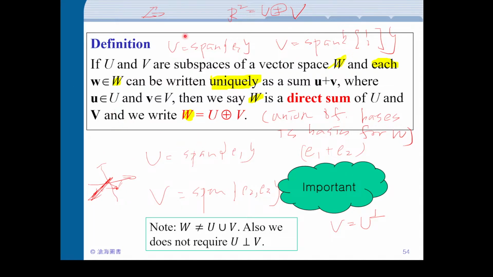But actually the definition is abstract. You see that this definition didn't say anything about Rn. We have two subspaces of an abstract space, and we can say this space W is the direct sum of these two subspaces.